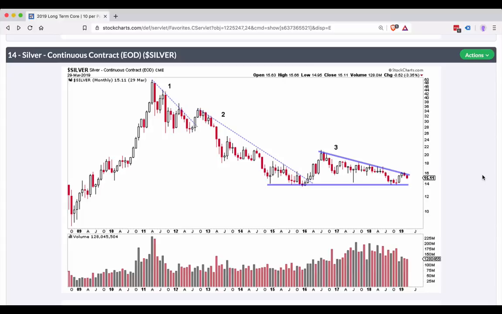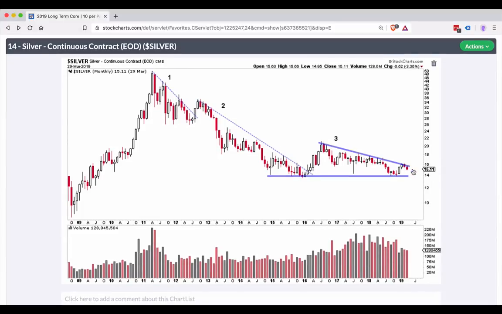And silver, very much the same thing here, testing resistance last month around that $16. It unfortunately failed once again. We talked about this 1, 2, 3 drive to the downside here, where each drive we saw a less extreme slope. So we saw a less momentum sell-off each time we've pulled down and had this new trend line of resistance, and that bodes well for a potential breakout if we can ever get above it.